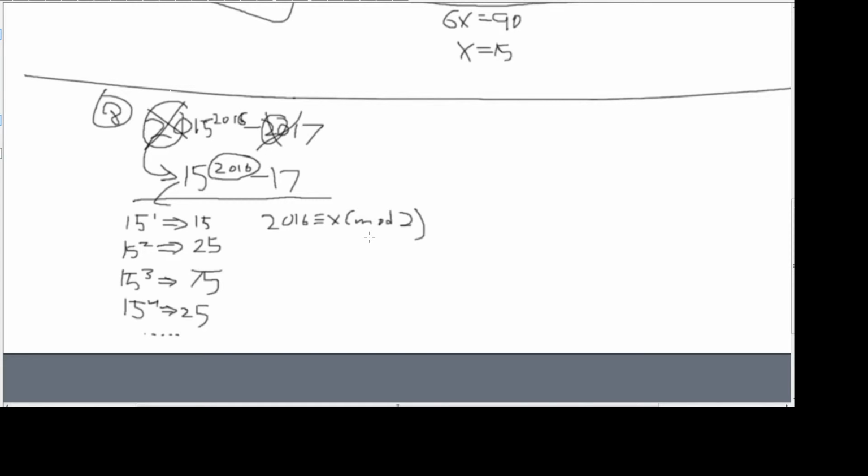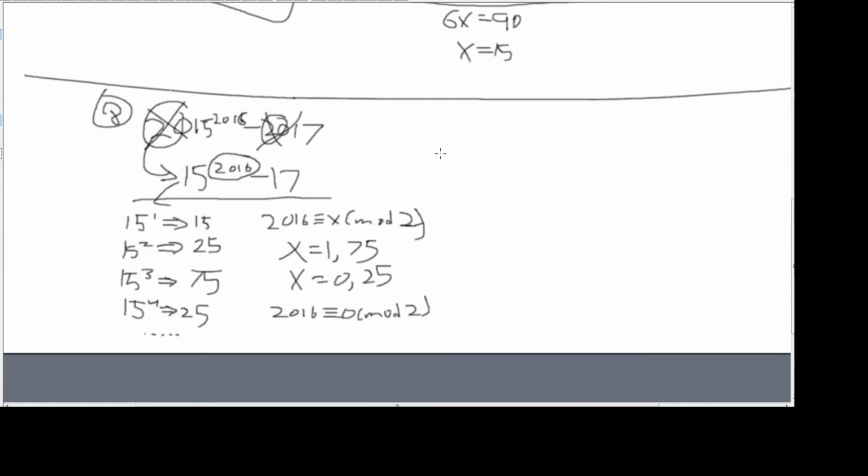In my previous 1 to 5, I set out a foundation for modular arithmetic. If you don't remember, x is just the remainder. If the remainder is 1, then it's going to be 75, and if x is 0, then you're just going to have 25. So 2016 is congruent to 0 modulo 2.